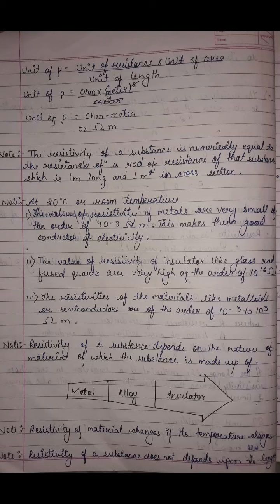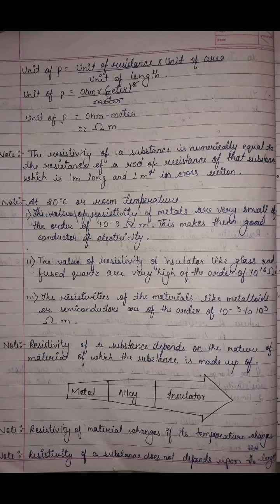And the resistivities of materials like metalloids or semiconductors are of the order 10 to the power minus 3 to 10 to the power 3 ohm meters. Hence, the resistivity of a substance depends upon the nature of the material of which the substance is made up. The resistivity of metals is the least and the resistivity of insulators is the most.